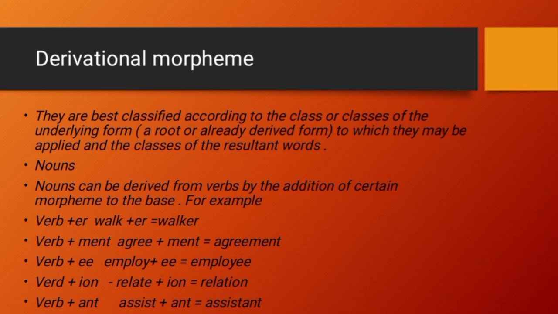Nouns can be derived from verbs by the adding of certain morphemes to the base. For example, verb plus er: work plus er, worker. Arrangement, employee, revelation, assistant.